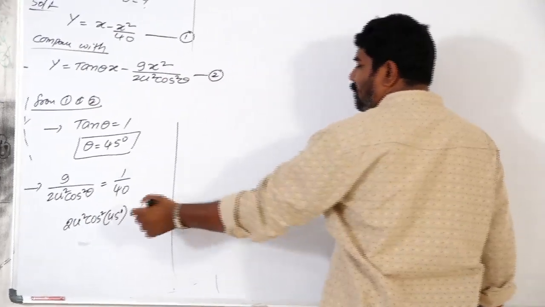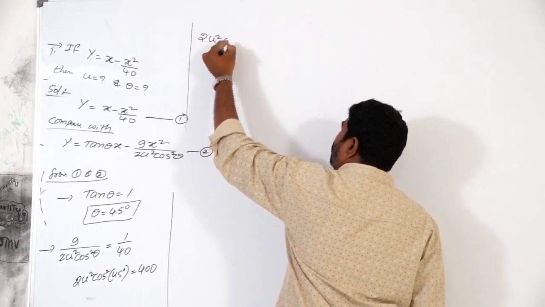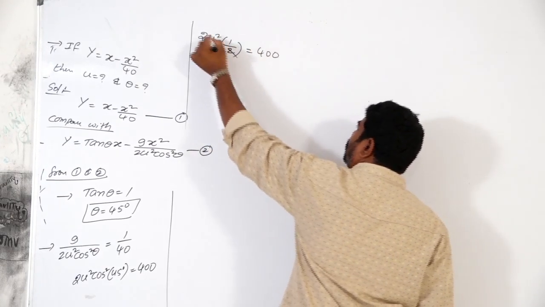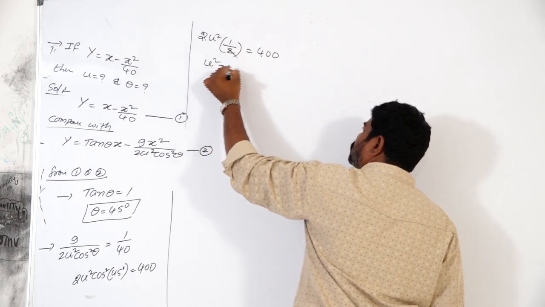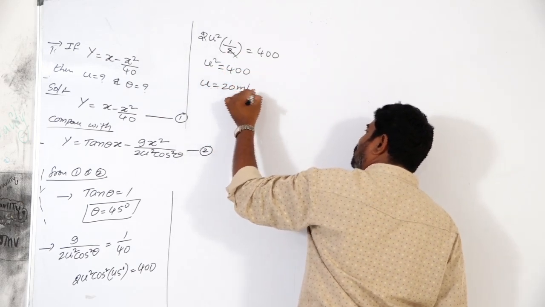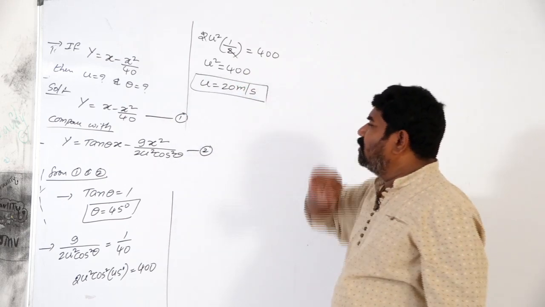Here cos 45 is 1 by root 2, so 2u square cos square 45 means 1 by 2. 2 and 2 cancel, u square is equal to 400, u is nothing but 20 meter per second. What is the velocity of the projection? That is nothing but 20 meters per second.